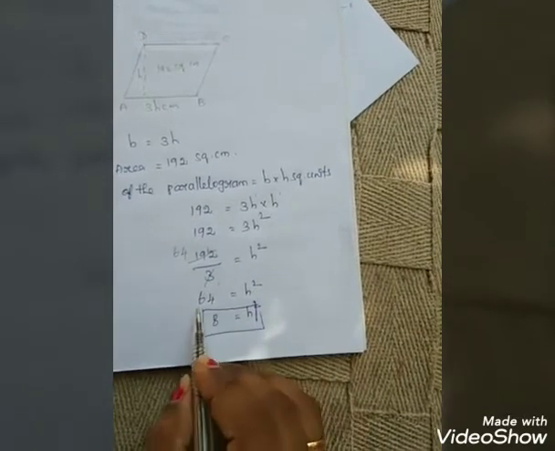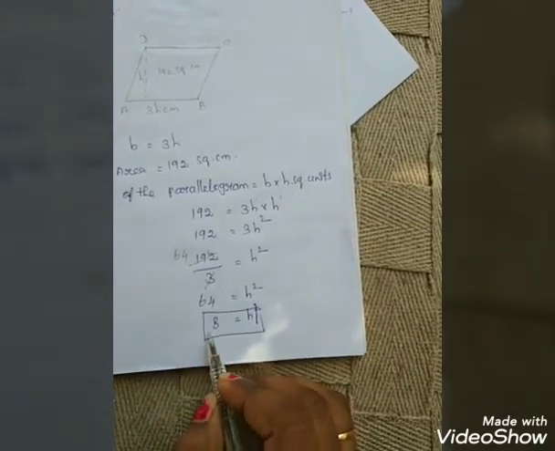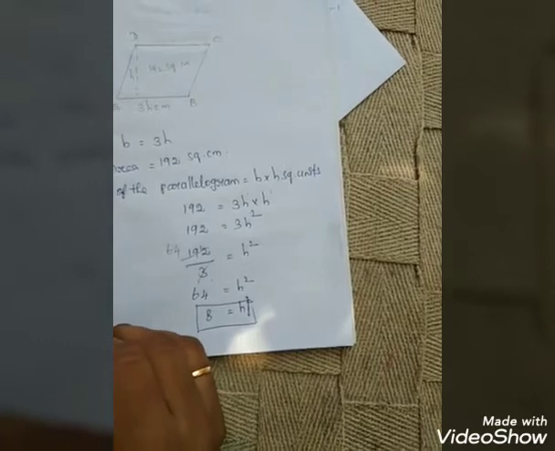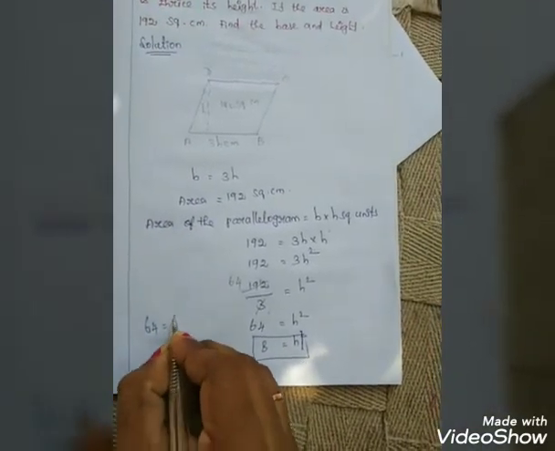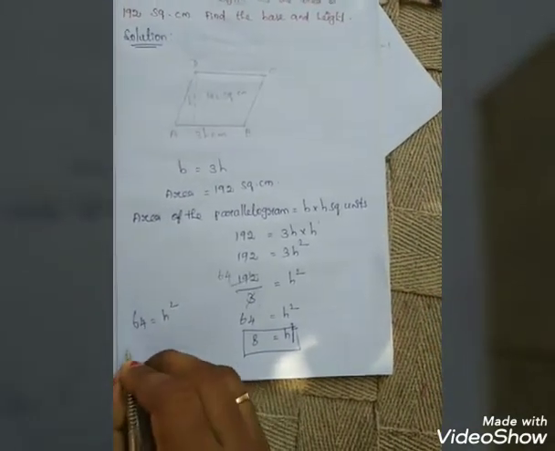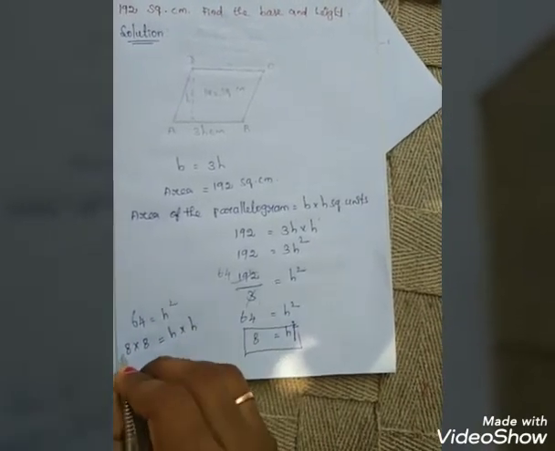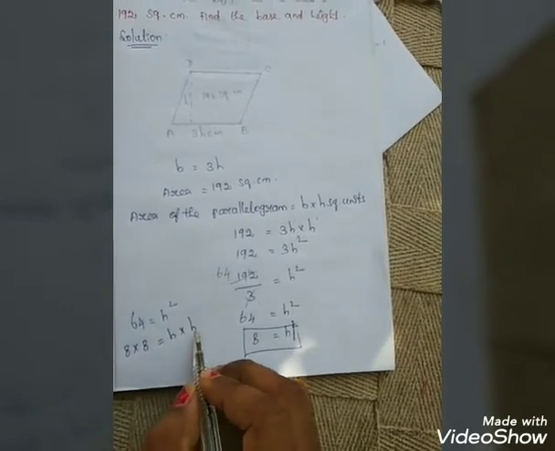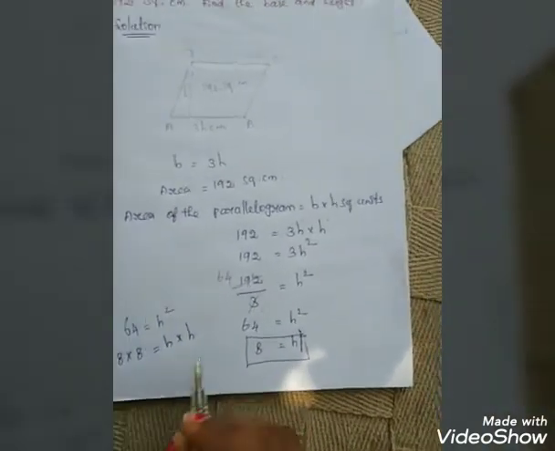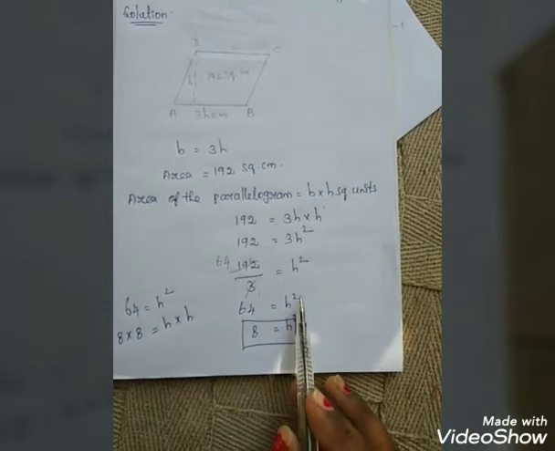So if the value of h square is 64, then the value of h is 8. 64 is equal to h square, which means 8 into 8 is equal to h into h. 8 8s are 64. Do you understand this? 64 is equal to h square.